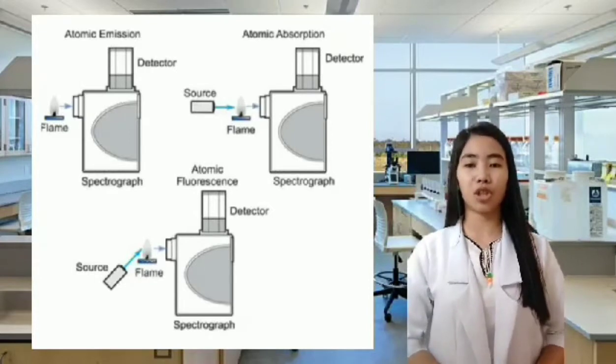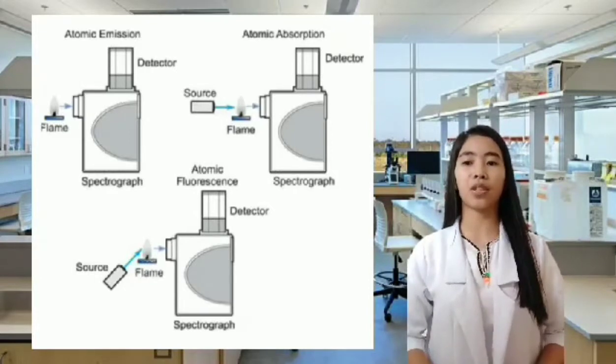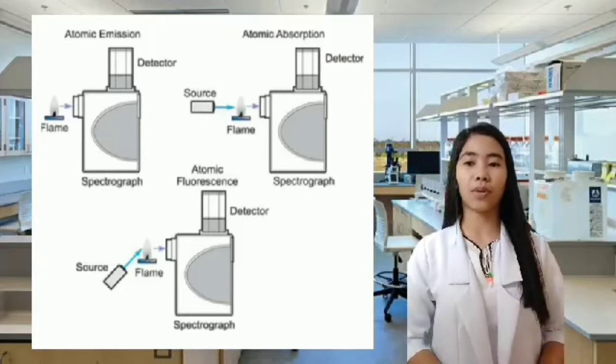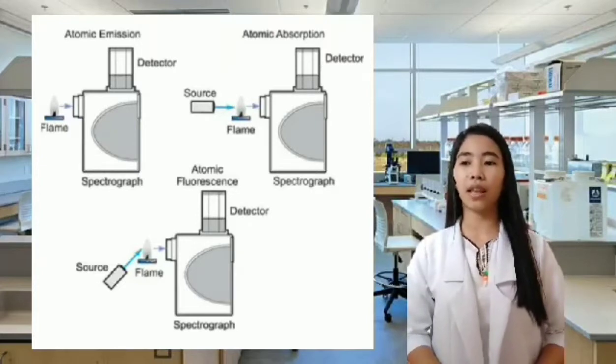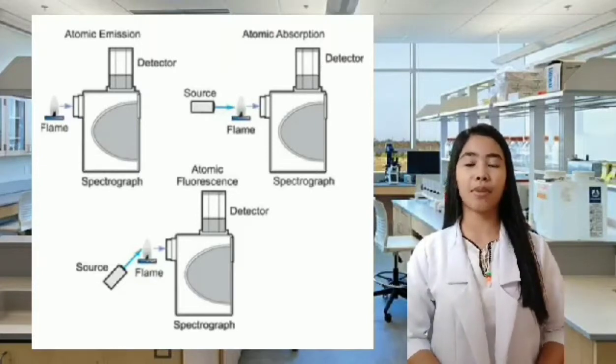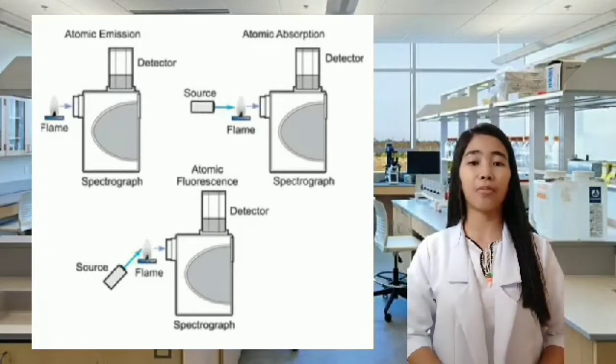In atomic emission, a sample is subjected to a high energy thermal environment in order to produce excited state atoms capable of emitting light. The energy source can be an electrical arc, a flame, or more recently, a plasma.